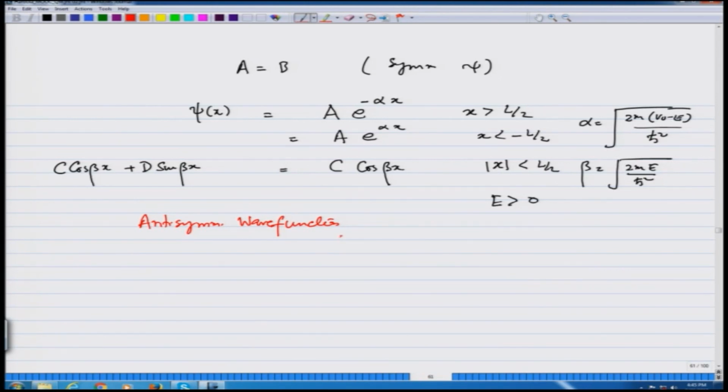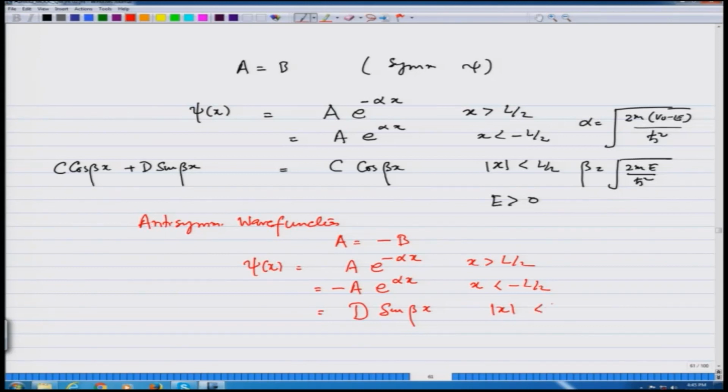For that, I am going to have A equals minus B. So, psi x is going to be A e raised to minus alpha x for x greater than L by 2, is going to be minus A e raised to alpha x for x less than minus L by 2, and is going to be some constant D sine of beta x for mod x less than L by 2, because sine is an antisymmetric wave function around x equals 0. Now, let us solve the equations and get our answers.